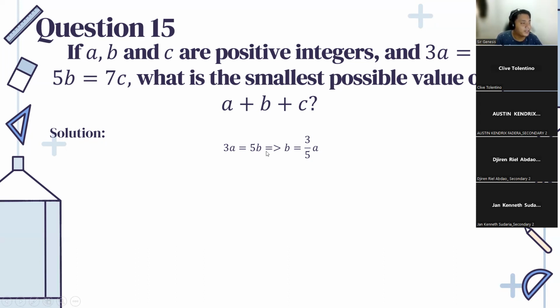Now manipulating that by dividing by 5 from both sides of the equation, we have b is equal to 3a over 5, or 3/5 a. Now for 3a is equal to 7c, dividing both sides by 7 will give us c is equal to 3 over 7 a. So as you can see, we have expressed b and c in terms of a.